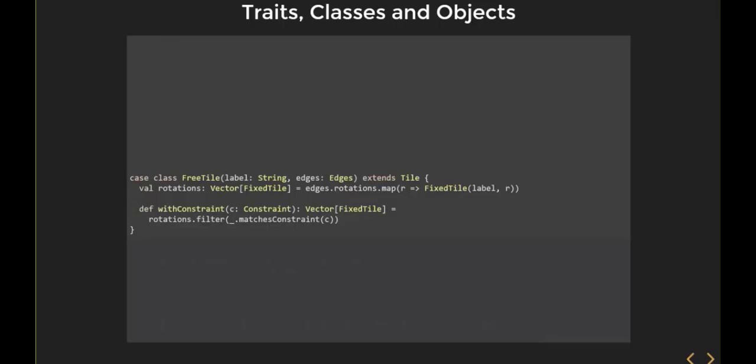Filter is a method that's defined on vector, and filter is another one of these higher order functions. It's a function that takes a function as a parameter. And in this case, it's like a predicate function. It returns true or false. So what this is going to do is apply this predicate function to all of the elements in our vector in this case. And what will result is a brand new vector that only contains the values where this function returns true.